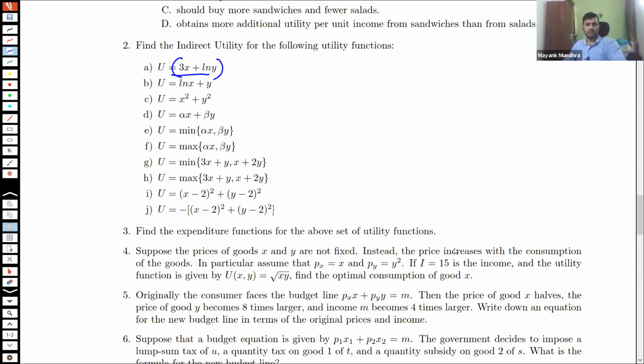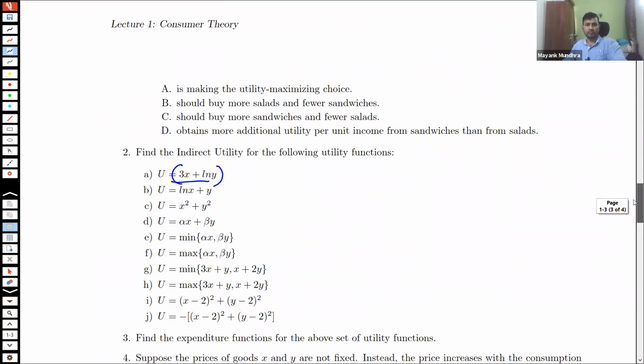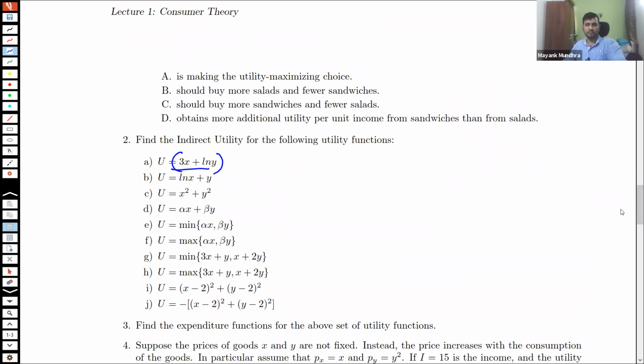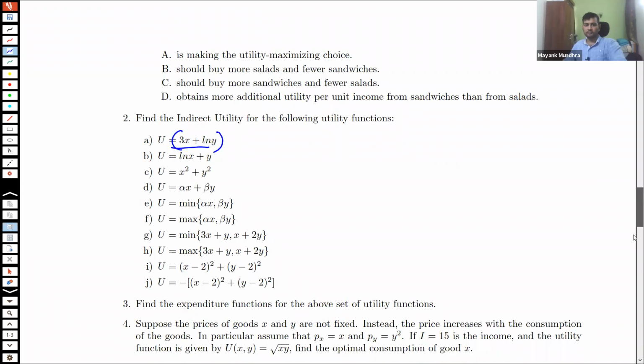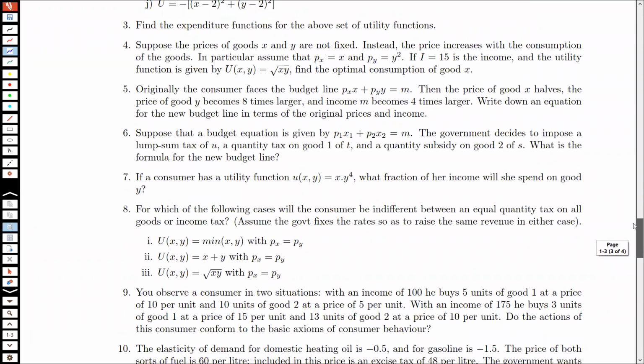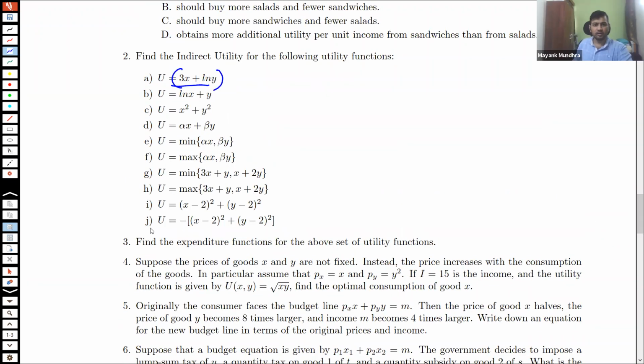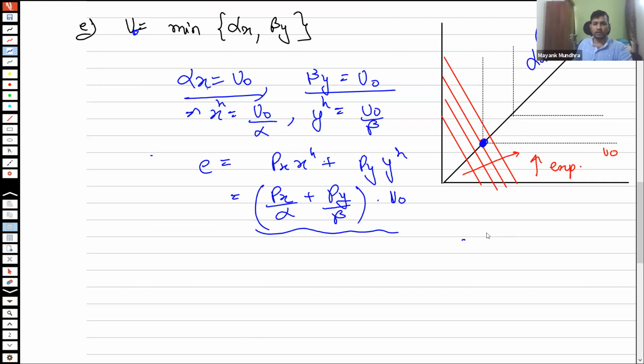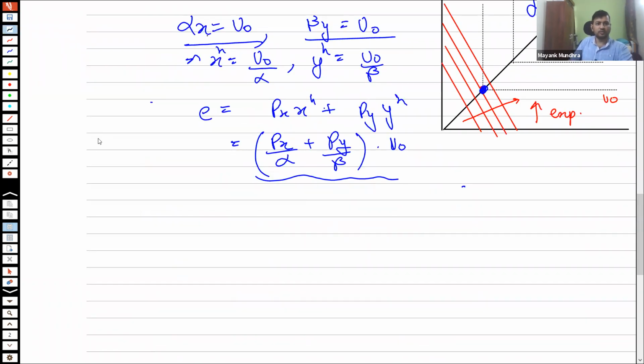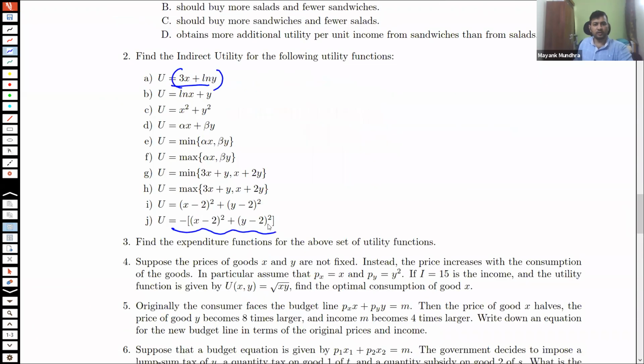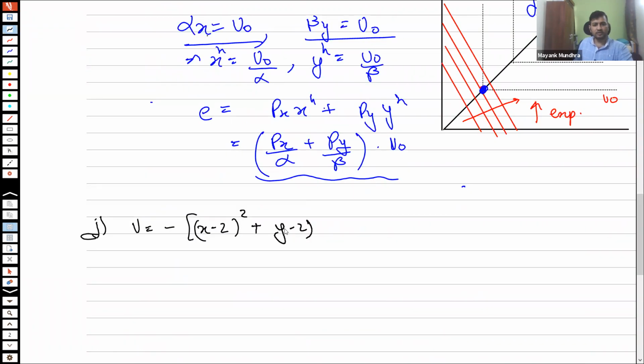All right. What else? With J. So the J part, utility equals negative of (x minus 2) whole square plus (y minus 2) whole square.